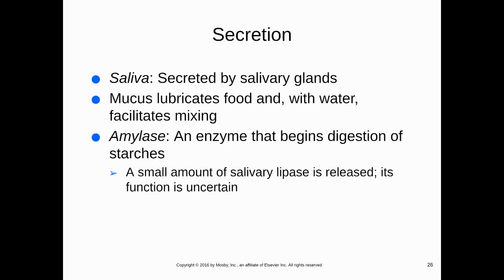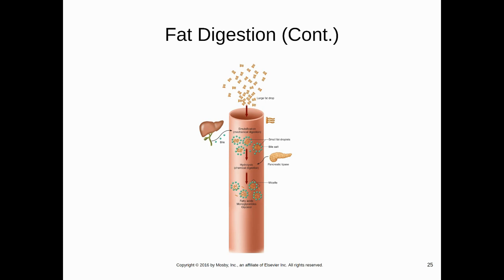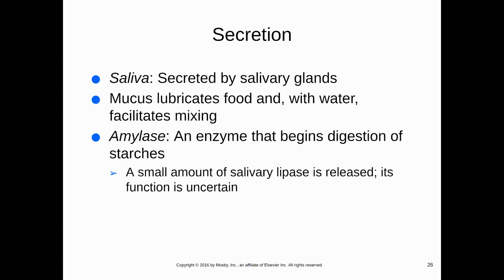Okay, so how do we go ahead and get this stuff out here? This is where we talk about secretion. Whenever we're talking about secretion, it's more or less to get the stuff out that we need to be able to break down our food. So the first thing we're going to secrete is always going to be our saliva, our spit, essentially.